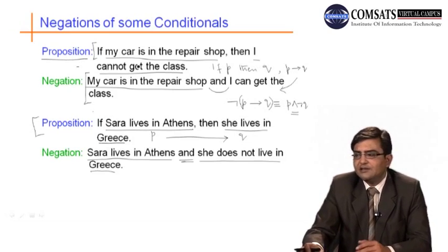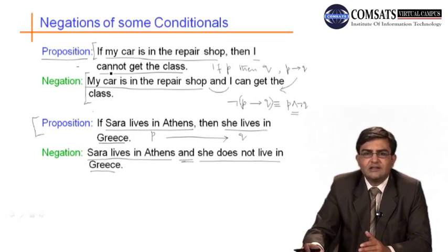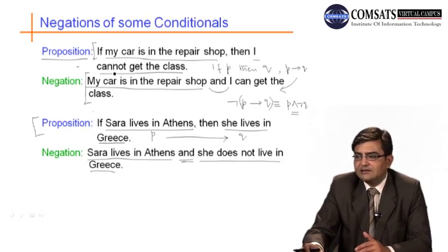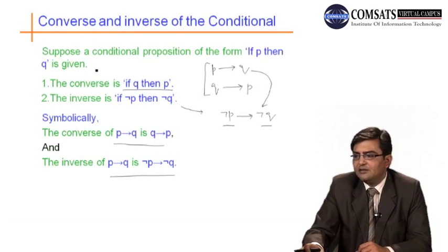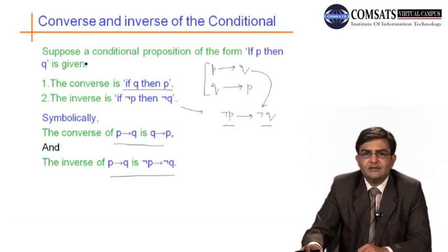Because the negation of I cannot get the class is I can get the class. I repeat, the inverse of this statement is, if my car is not in the repair shop, then I can get the class. So I hope you understand how we write the converse and inverse of the conditional statement P implies Q.